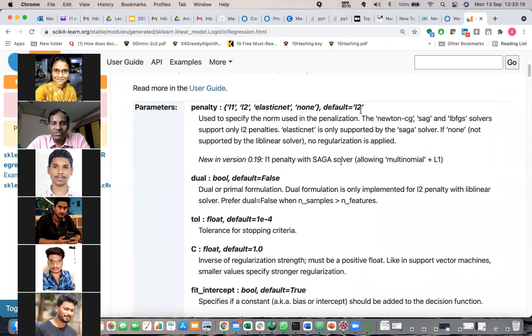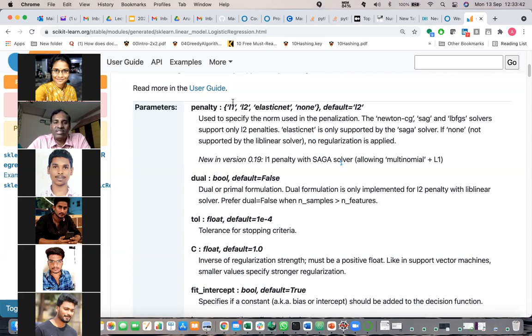So by default they take L2, because we have seen L2 assigned. It is used to specify the norm used in the penalization. Penalization and regularization are the same. The Newton CG, SAG, and LBFGS solvers support only L2 penalties. ElasticNet is only supported by the Saga solver. If none, not supported by the liblinear solver, and no regularization is applied.